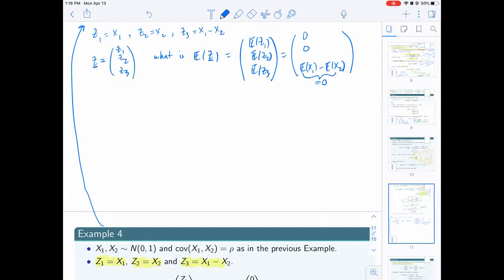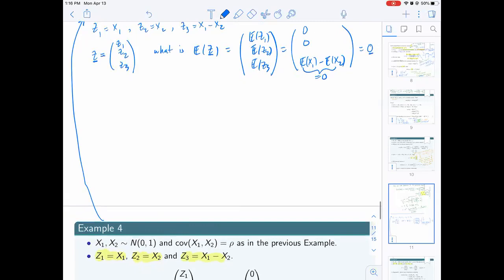So we get that this is the 0 vector. There's another way of doing it, which we'll see later, but this is good enough. Is it okay with people?